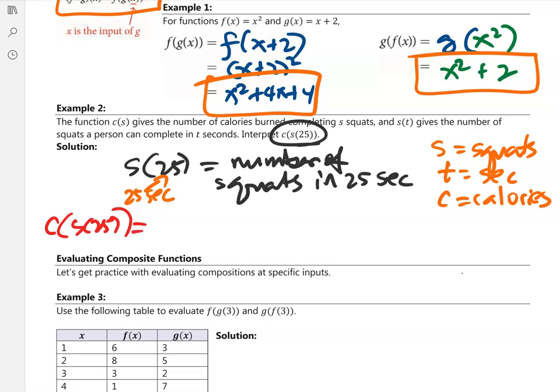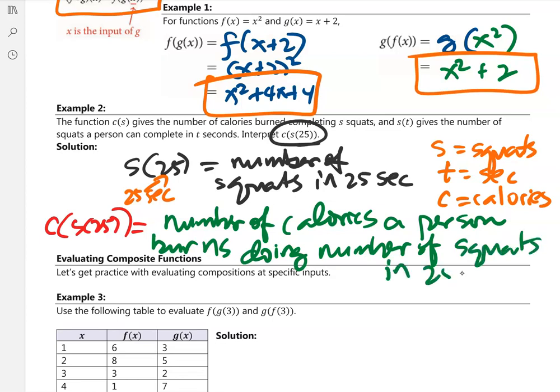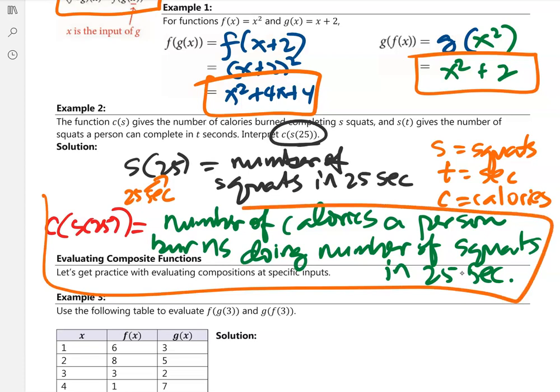So meaning that is the number of calories a person burns doing the number of squats in 25 seconds. So that is our answer.